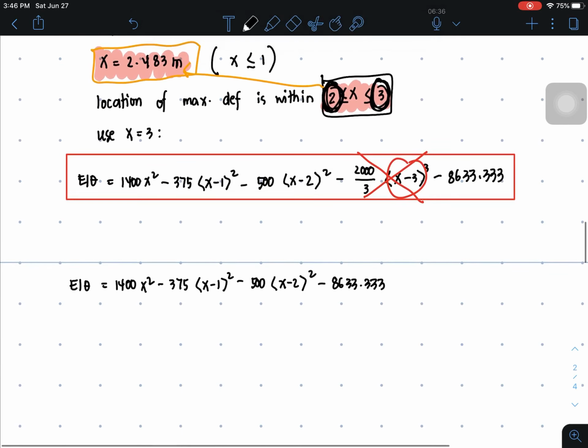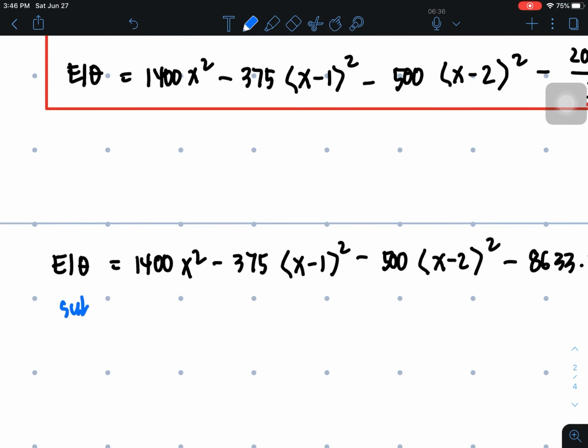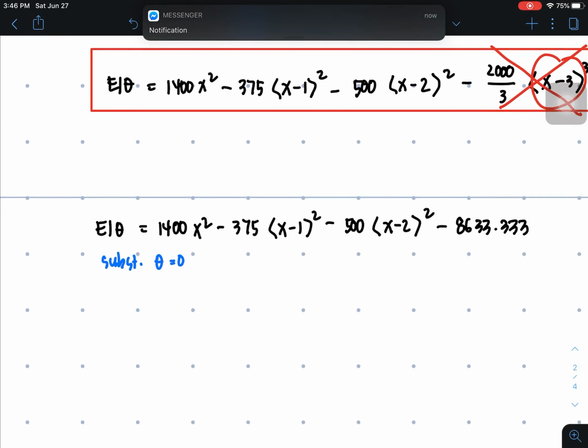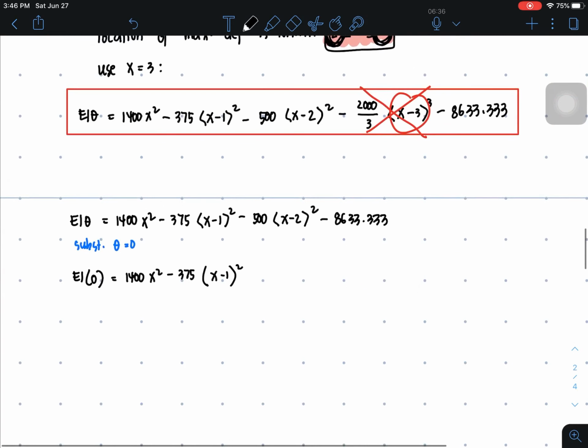So this time, let us now substitute theta equal to 0. We have EI times 0 equal to 1400 times x squared minus 375 times x minus 1 square, then minus 500 x minus 2 square, minus 8633.333.